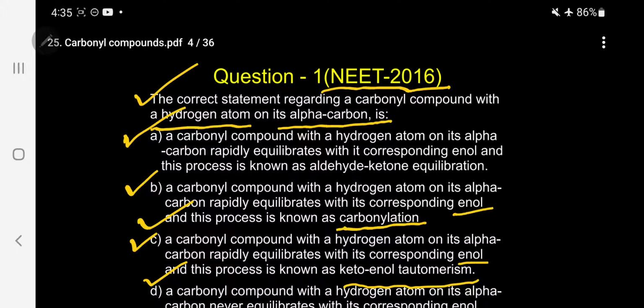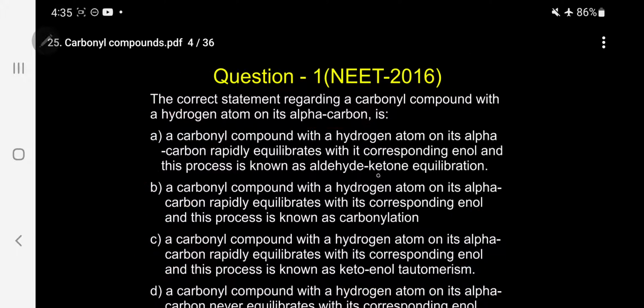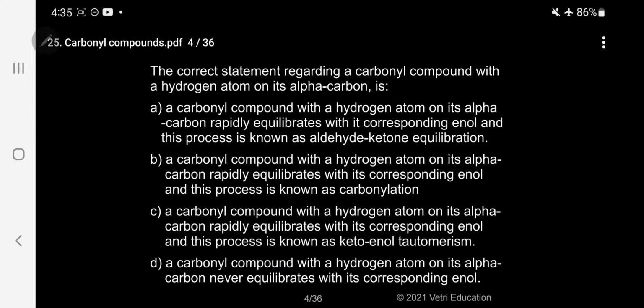D. A carbonyl compound with a hydrogen atom on its alpha carbon never equilibrates with its corresponding enol. So these are the options given.